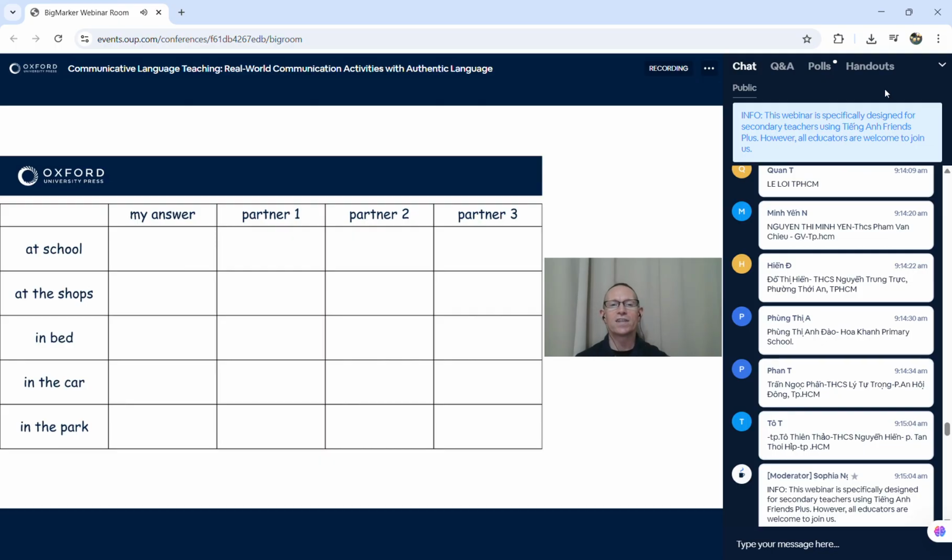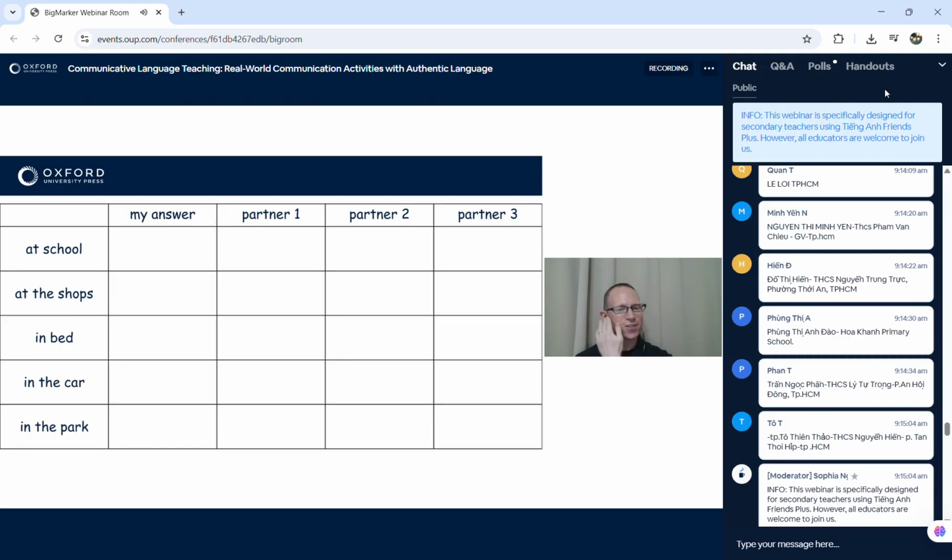And then students in the first column are going to write whether they like, don't mind being at these places, love being at these places, hate them, etc. There's then space to write your partner's answers, and then might find a new partner, write their answers, and find another new partner.